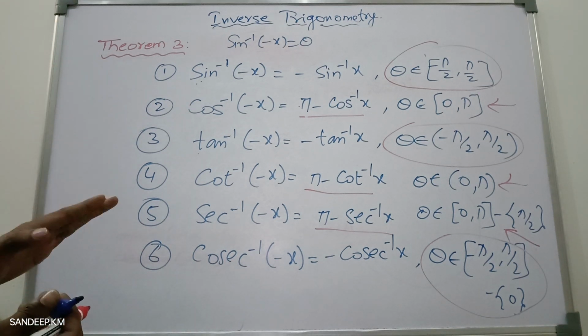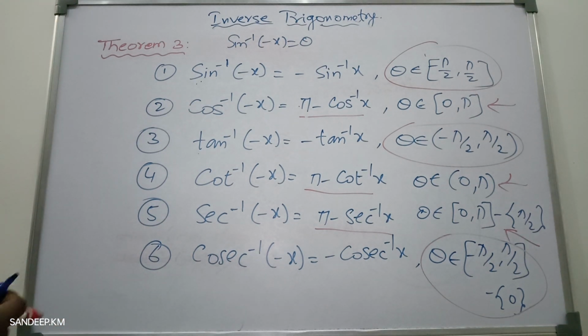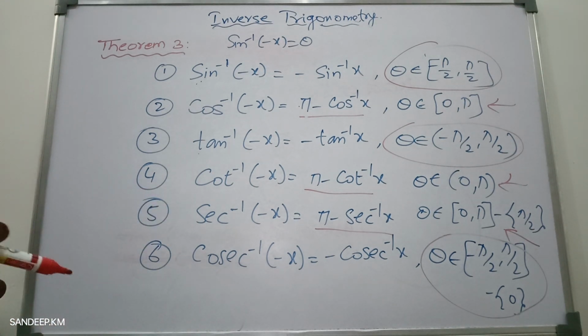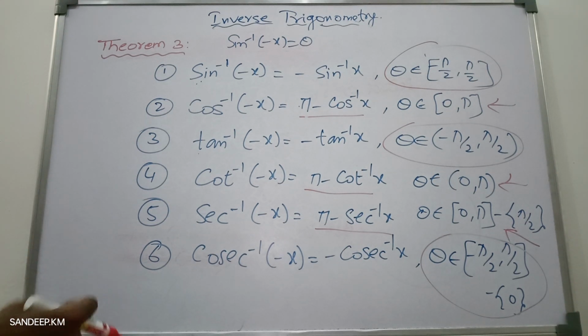Now I am going to give you the proof of theorem 3. I'll tell you once again, always keep this in mind. Anyone can remember the formula and might solve mains model questions. But if you want to be successful, to be trained in such a way that you can solve any kind of question from inverse trigonometry, you have to be stronger in concepts.